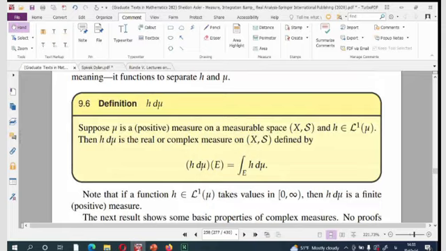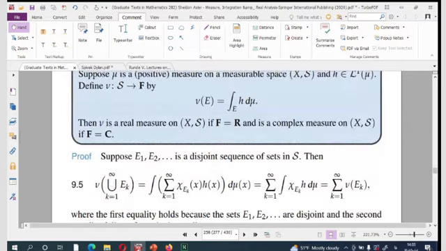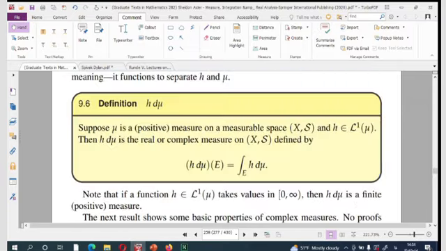Suppose mu is a positive measure on a measurable space and h belongs to L1 of mu, then h d mu is the real or complex measure defined by this, so that this measure is denoted by h d mu.